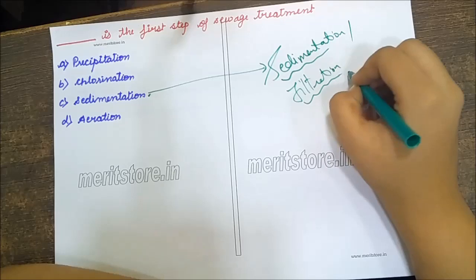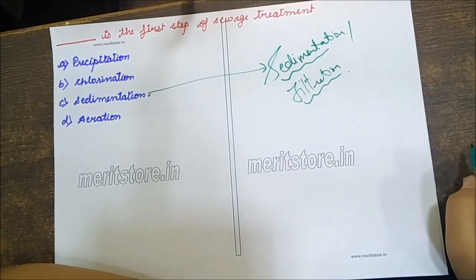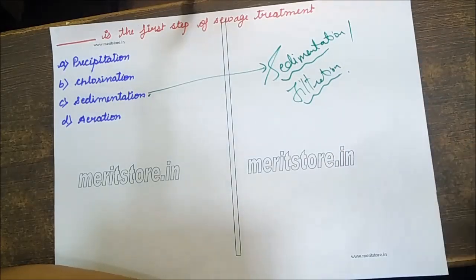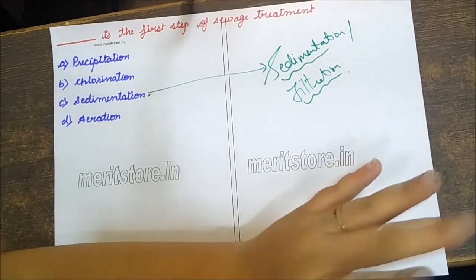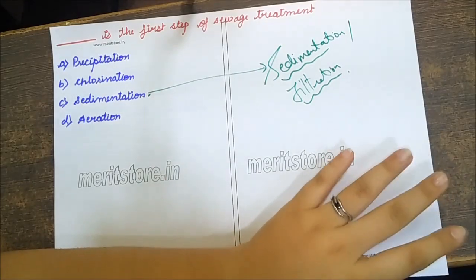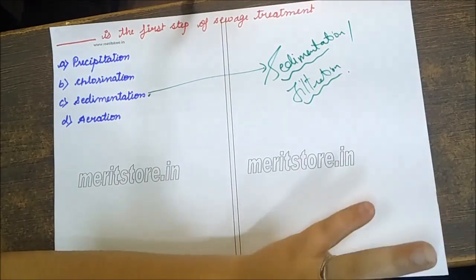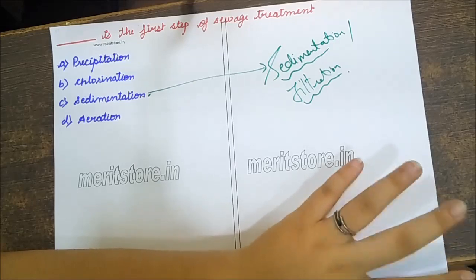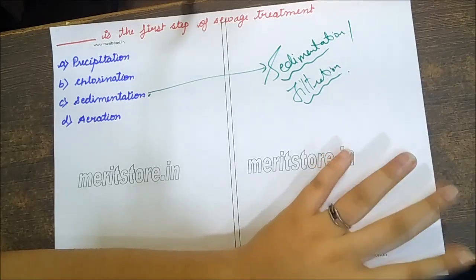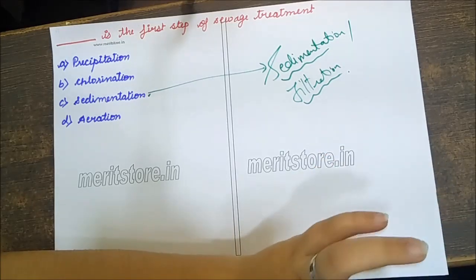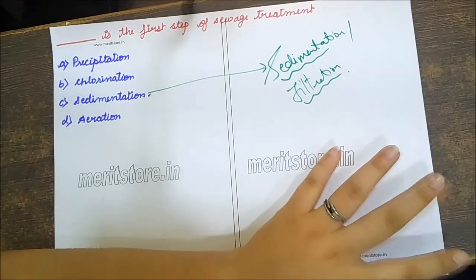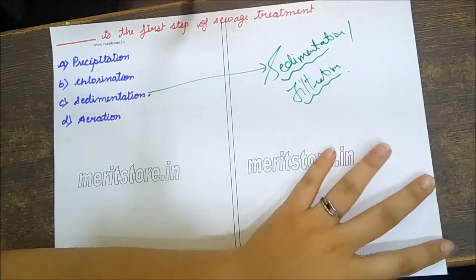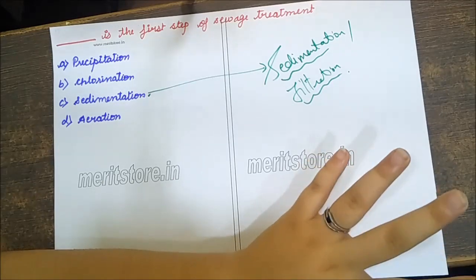The activated sludge system, a part of secondary treatment, is one of the widely used aerobic treatment systems for wastewater, in which very vigorous aeration of the sewage is done. The sewage is passed into an aeration tank from the primary settling tank.